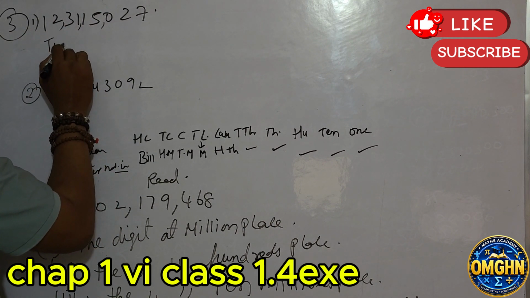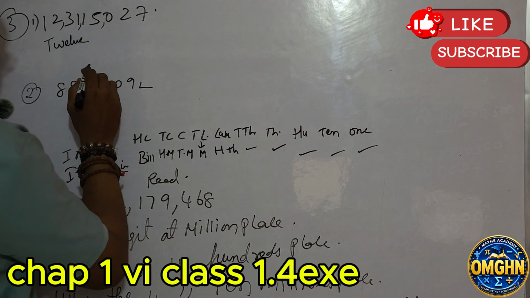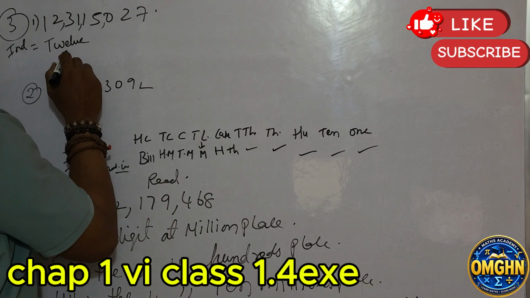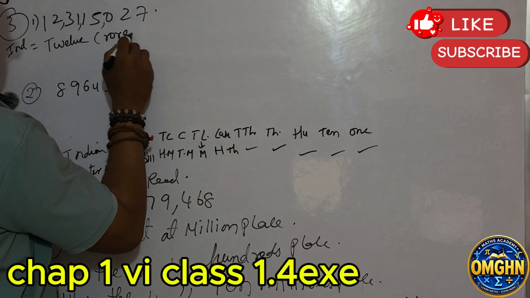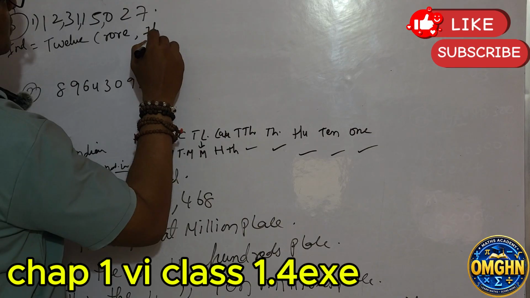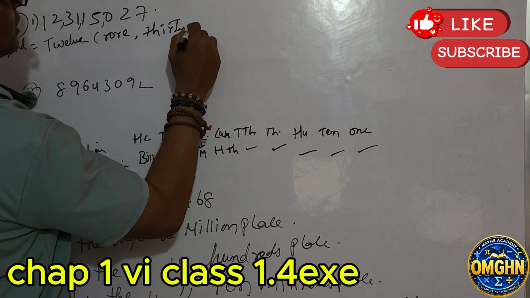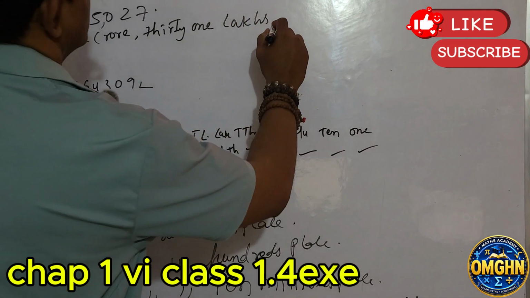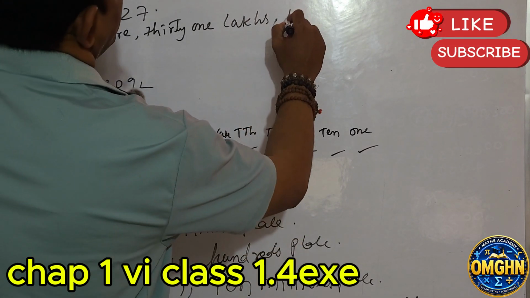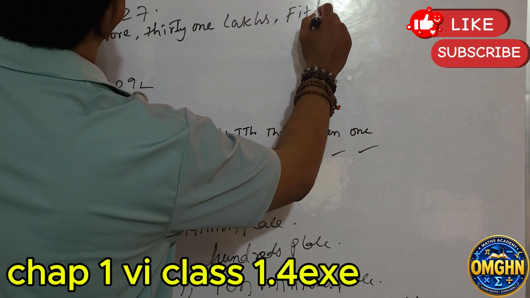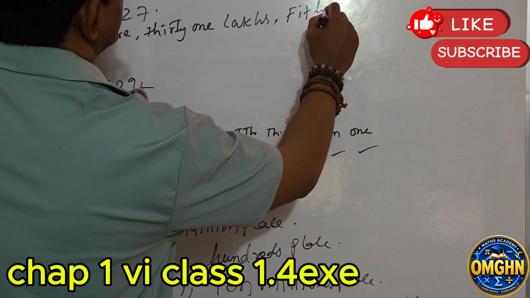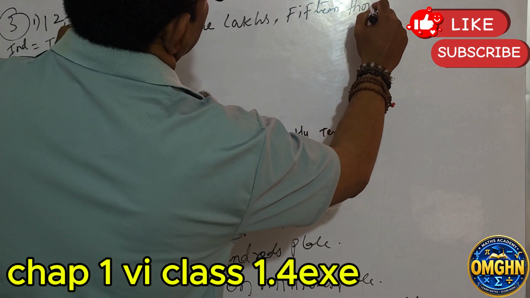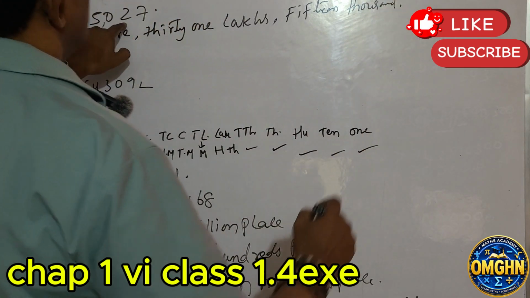So now see, Indian form: 12 crore, 31 lakhs, 15,000, 27.